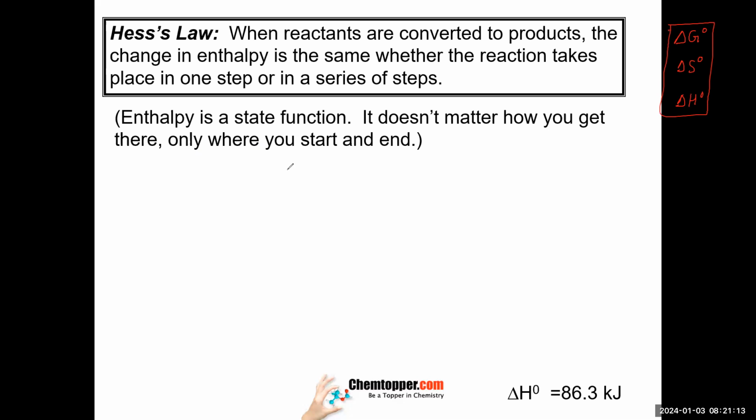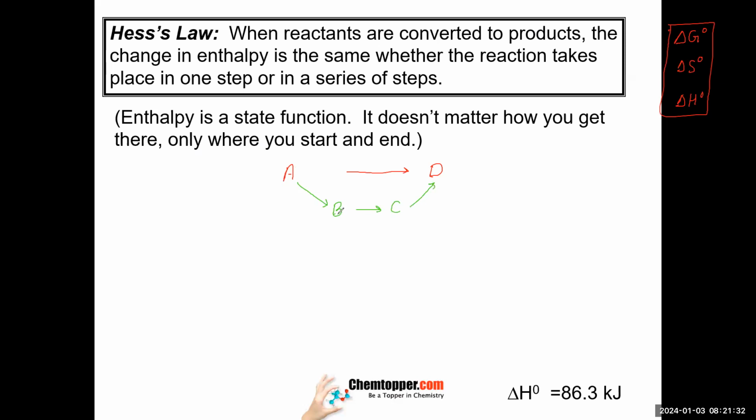Let's say there is a reaction A to D. And I carried out this reaction first A to B, B to C, and C to D like this. I can do that like this.